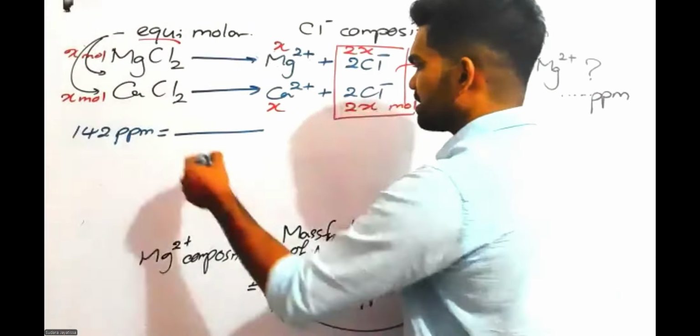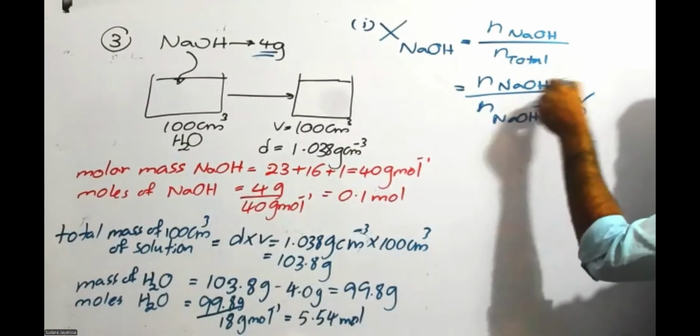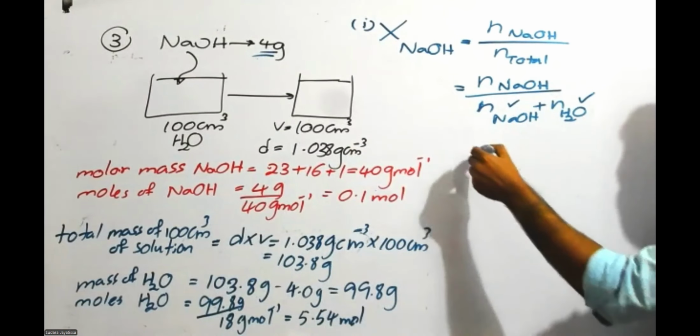But if this happens to you in the exam, you have to get a logbook and do the simplification. 5.54 moles.